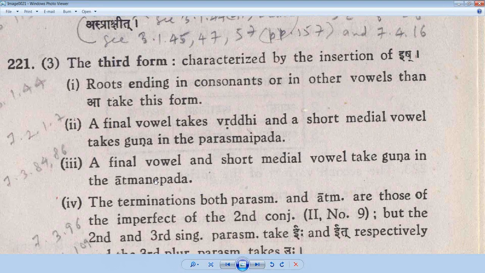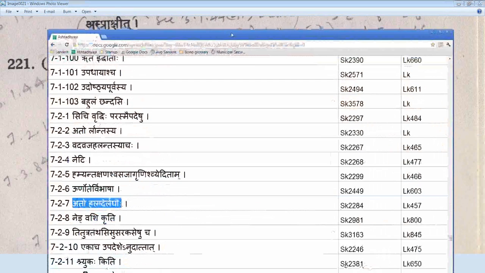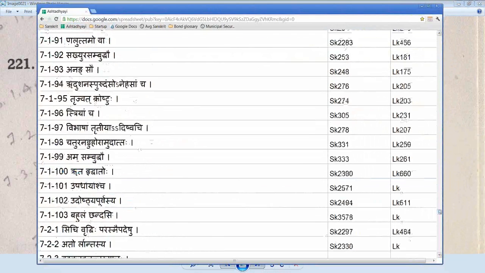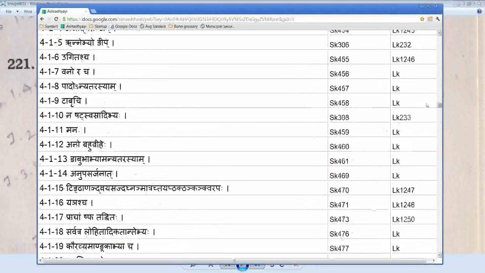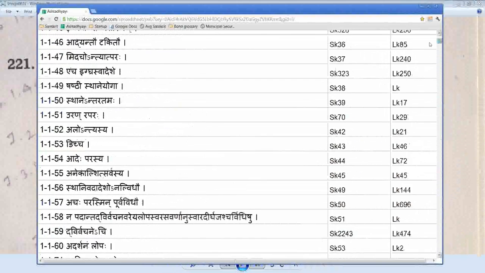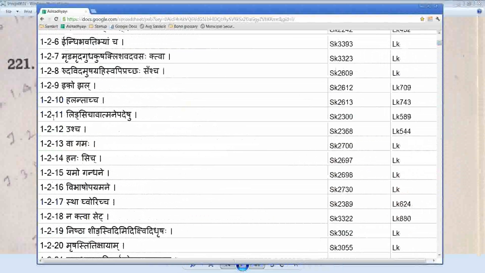Remember one thing: those rules, which are ling sichavatmane padeshu and ushcha, do not apply here, because that is jhalada usichi. What I'm talking about is the sutras 1-2-11 and 1-2-12. Today in the class we just used 1-1-17 and these rules 1-2-11, 1-2-12, ling sichavatmane padeshu. Look at the anuvrittis coming of iko, jhal and halantacha.